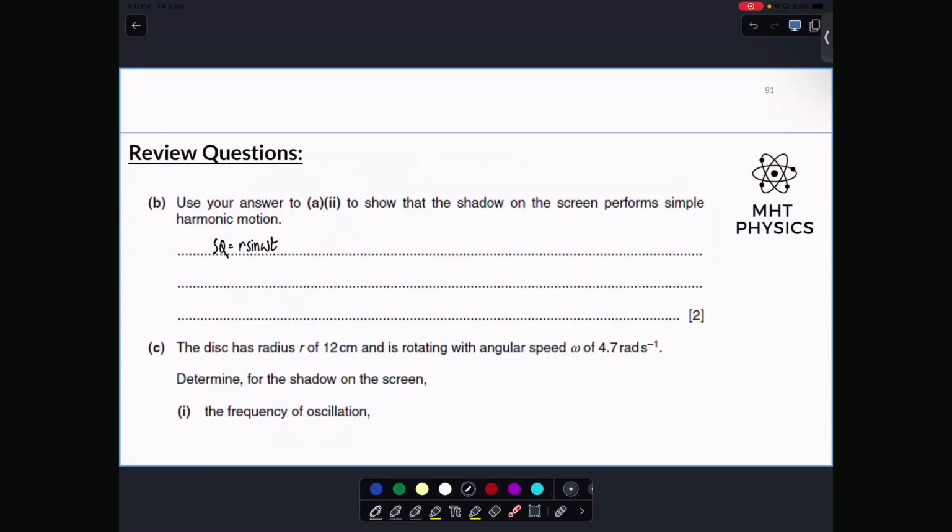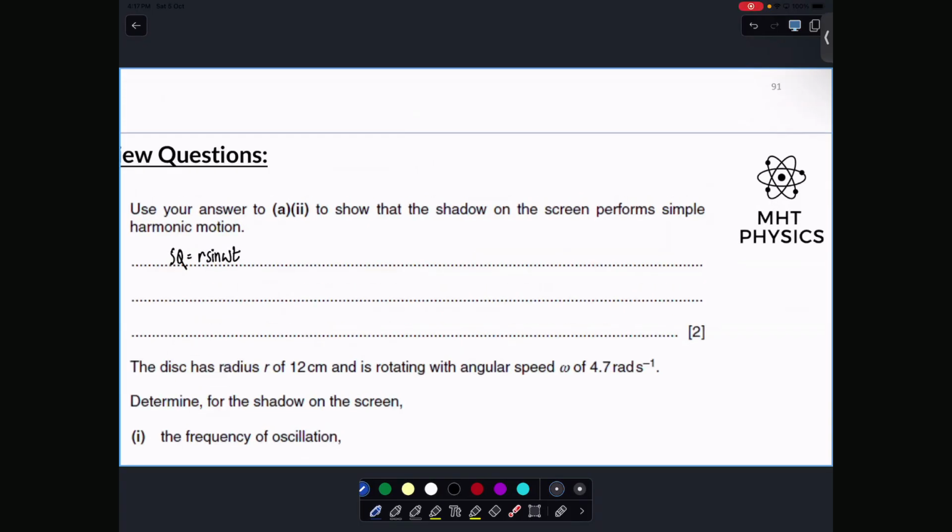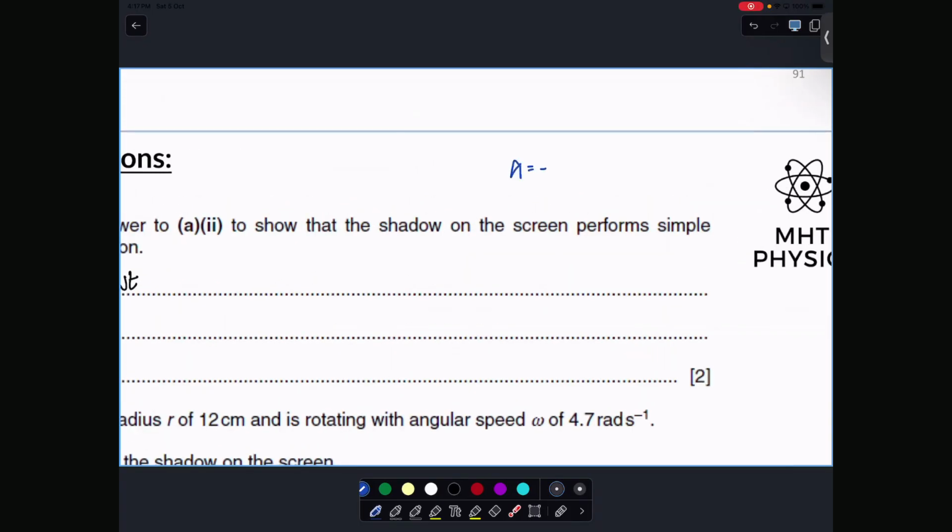Quick reminder, do you remember the equations of simple harmonic motion? A equals minus omega square x naught. That is the formula. So if I can somehow show this, then I will have my answer, right?